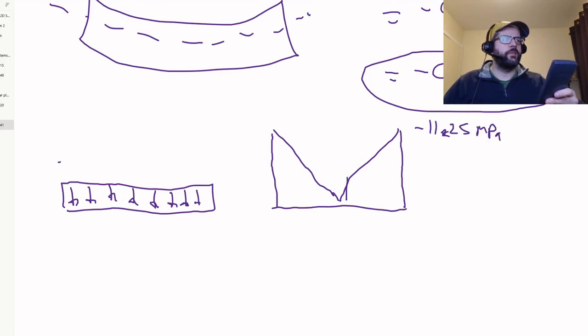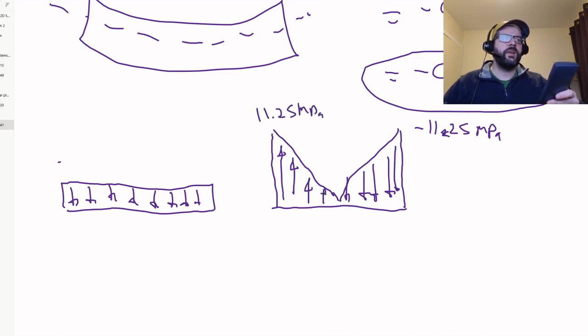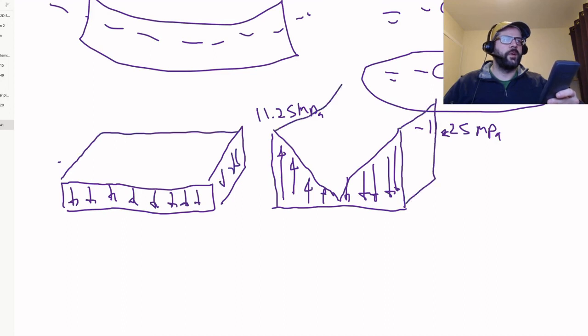That's compressive. And then tensile over here, 11.25 megapascals. Again, that's distributed over the entire face. So here it's uniformly distributed, whereas here it varies based upon that distribution.